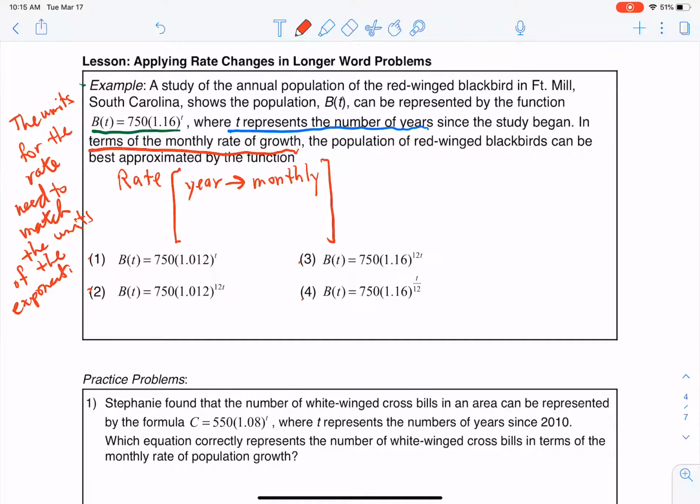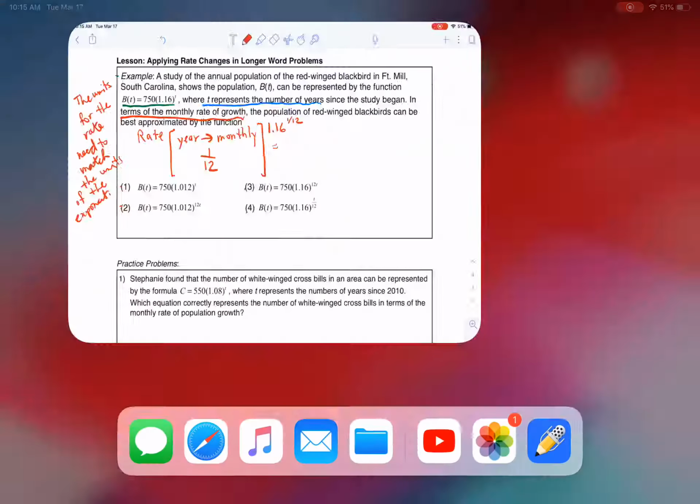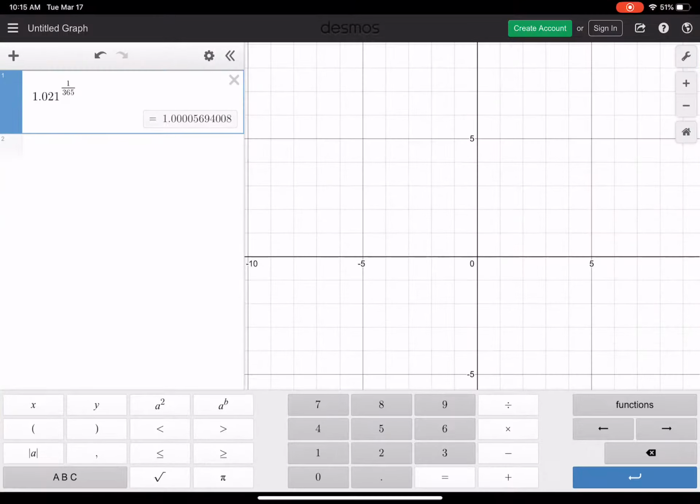So what does 1 month represent in terms of a year? Well, it represents 1/12 of a year. So I'm going to take that original rate that I was given, 1.16, and raise it to the 1/12 power.